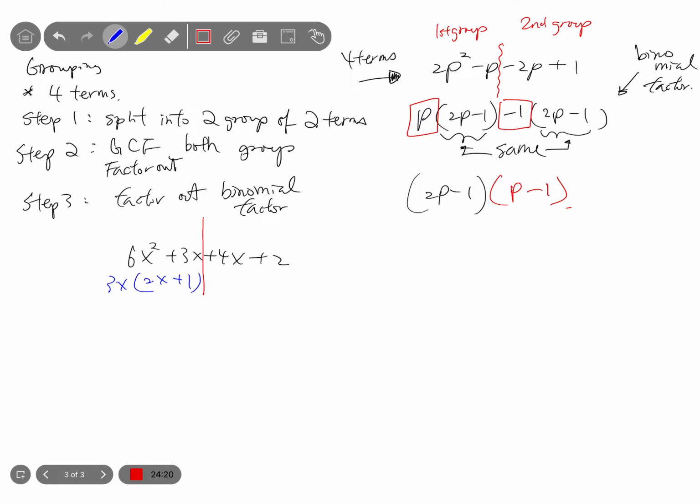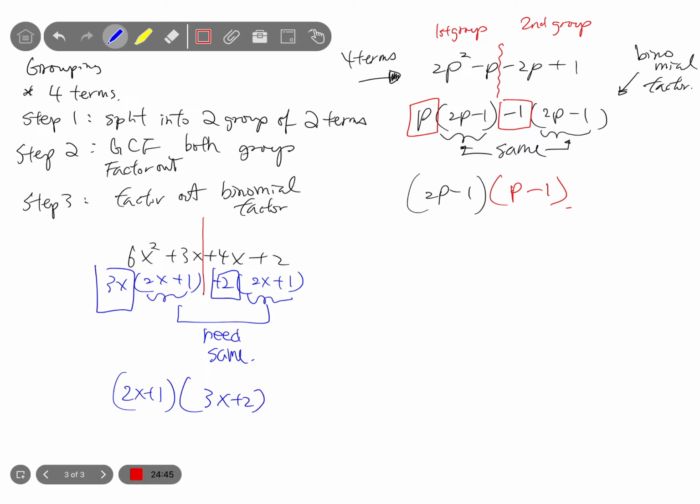The GCF of 4x plus 2 is a positive 2. So I have 2x plus 1 on the inside. Notice you both have 2x plus 1, which is what we need. So factoring that 2x plus 1 out is my binomial factor. Now I'm left with 3x plus 2.